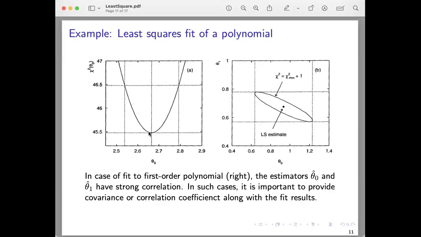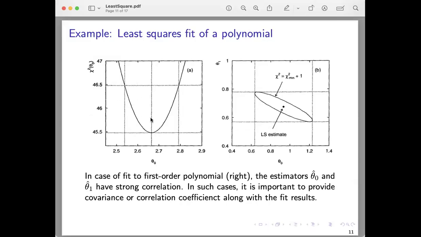Here you can see that the chi-square minimum is at 45.5, and as you change the constant theta 0 on both sides of this optimal value, the chi-square increases, and when it touches chi-square minimum plus 1, that corresponds to the 1 standard deviation.